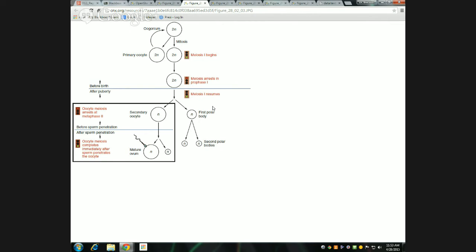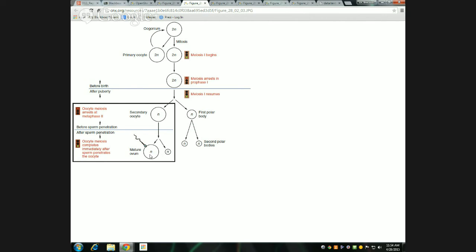But at present, the polar bodies are kind of thought of as excess, and we just concentrate on the secondary oocyte. That then goes into meiosis 2, the second division. It doesn't complete that process until after the sperm's present, and one of those sperm cells penetrates to get into the egg cell and deliver the male nuclear material.